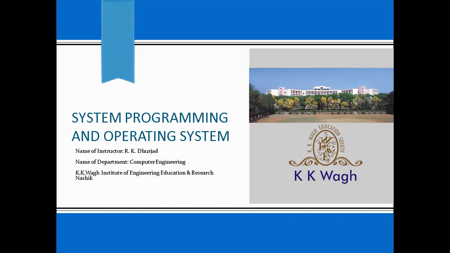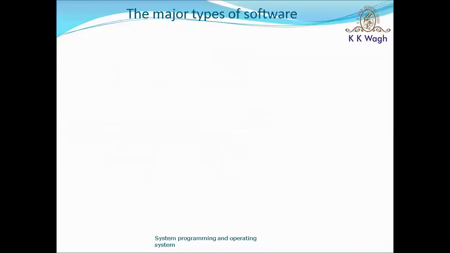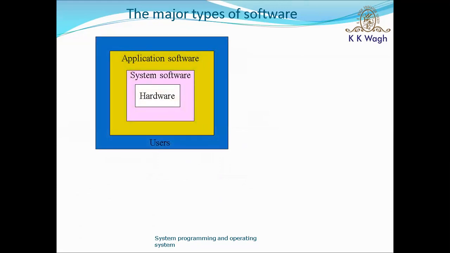Okay, so let us begin with an introduction. First of all, we will see the major types of software. As all of you know, the major types of software are application software, system software, and obviously the basic component is the hardware.